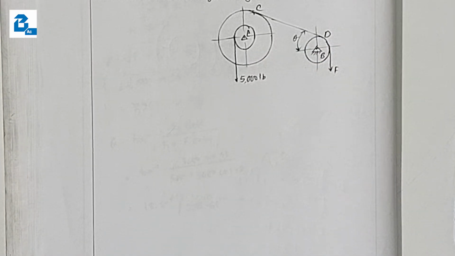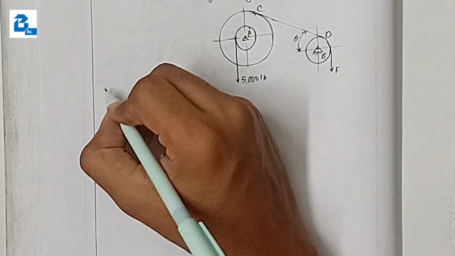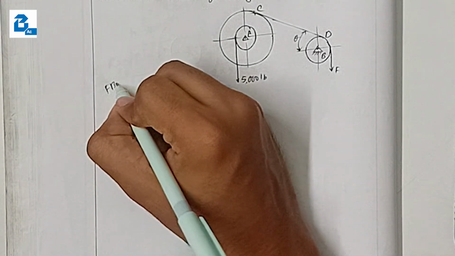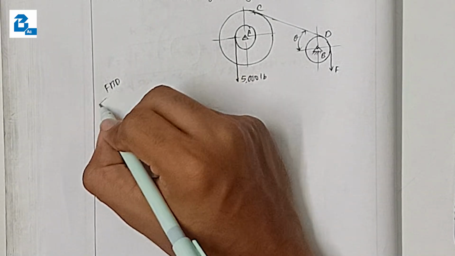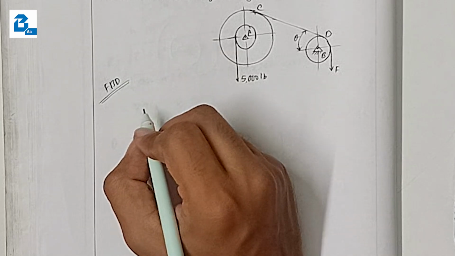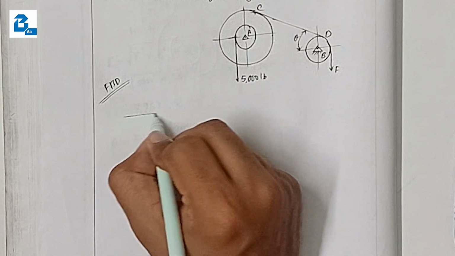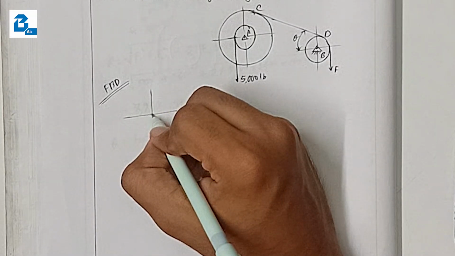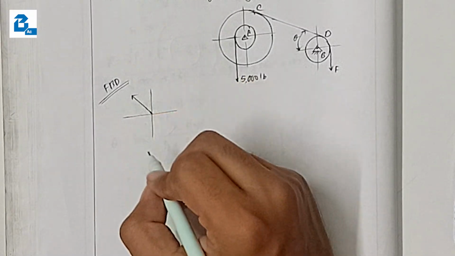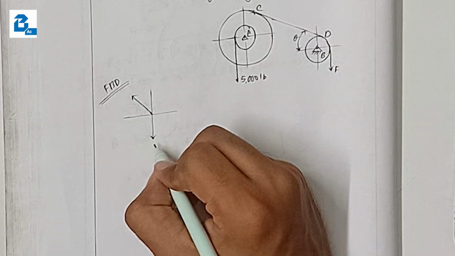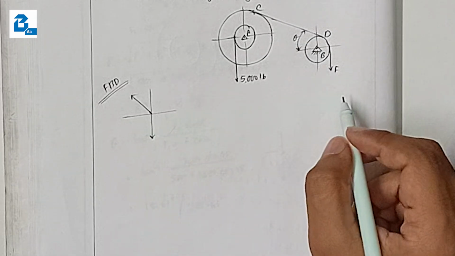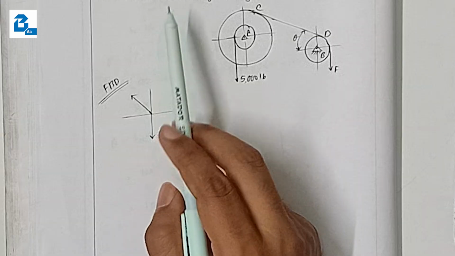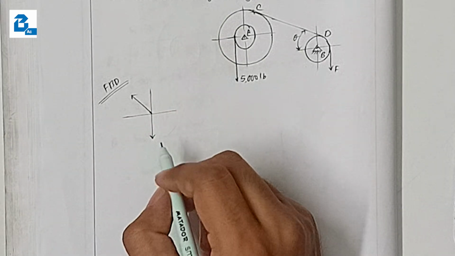For the A part, let's draw a free body diagram for the B shaft. FBD. So it would look something like this. Here the axis is, and then the angled one, which is the cable, and the vertical one, which is the F. In the question, F equals 3600 pound.